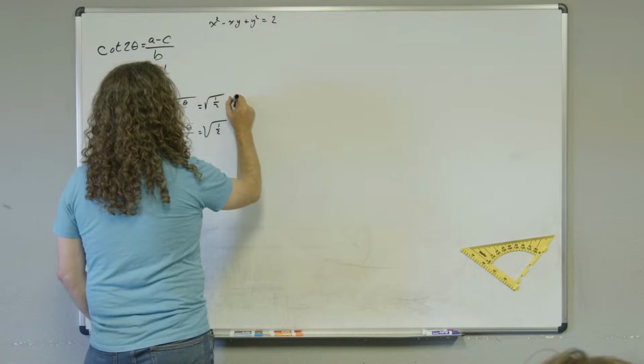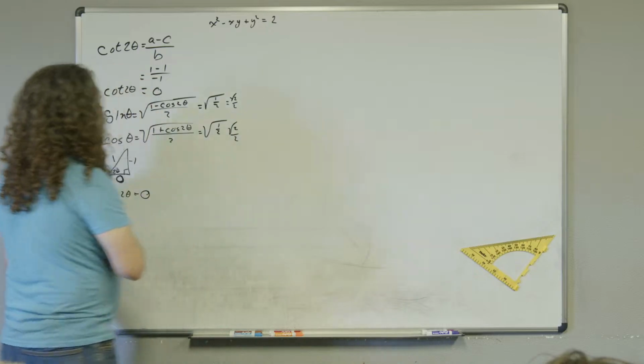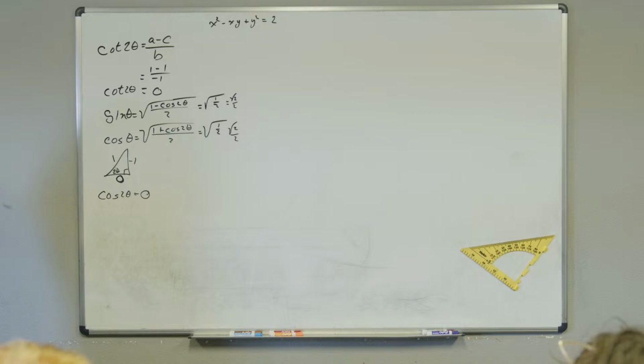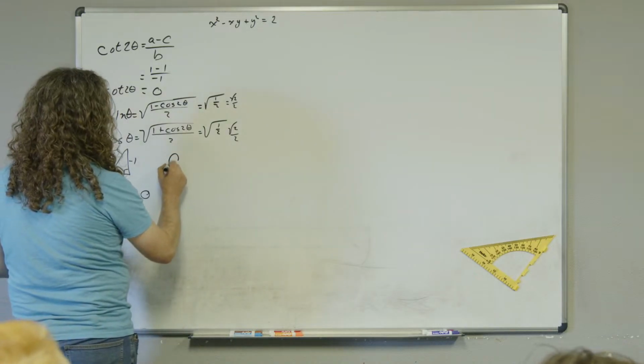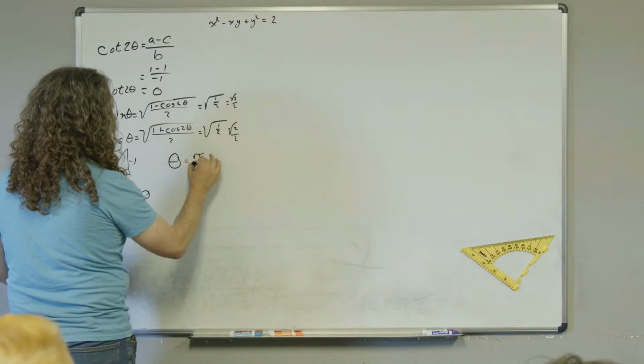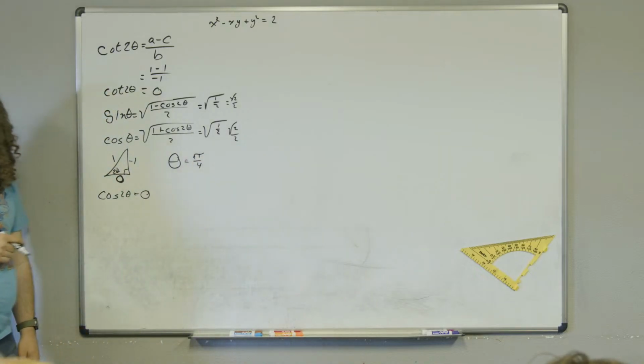So they're both the square root of 2 over 2, rationalizing the denominator. So what's the angle then? Pi over 4. So the angle we are looking for is pi over 4, from the chart.